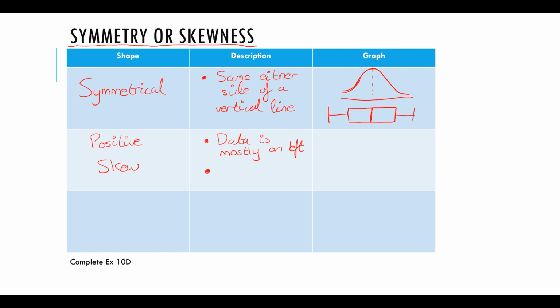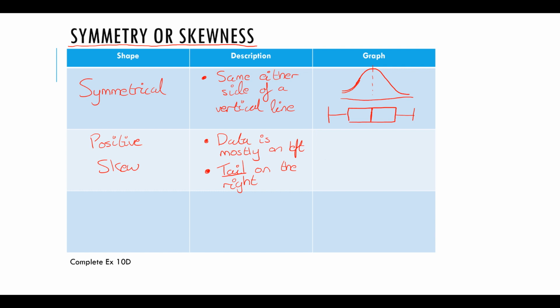What you would see is what's called a tail on the right side. So as the numbers get bigger, there's the tail. So where the tail is determines whether it's positive or negative skew.